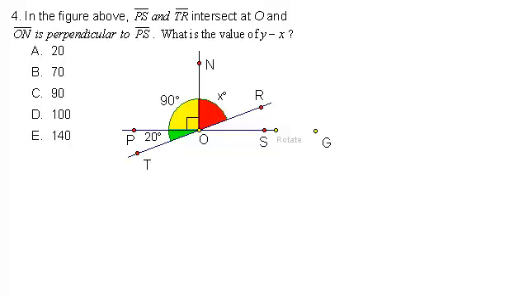In here also we can say that y consists of a combination of two angles, which is 90 degrees and x degrees. So that means y minus x is equal to just 90 degrees.